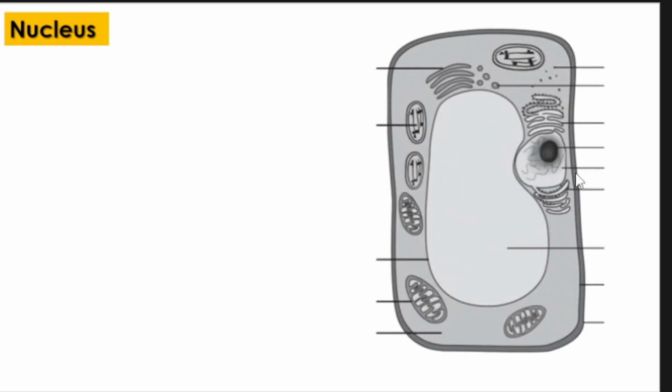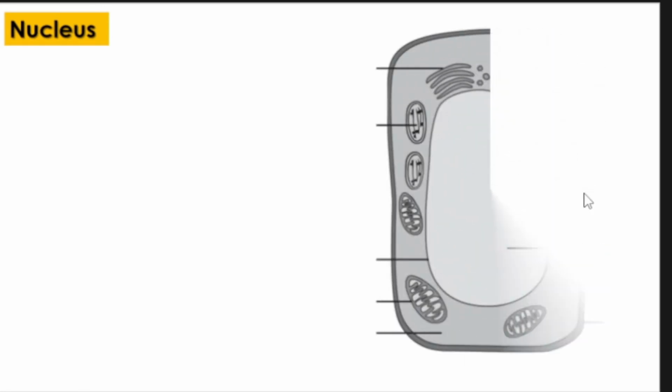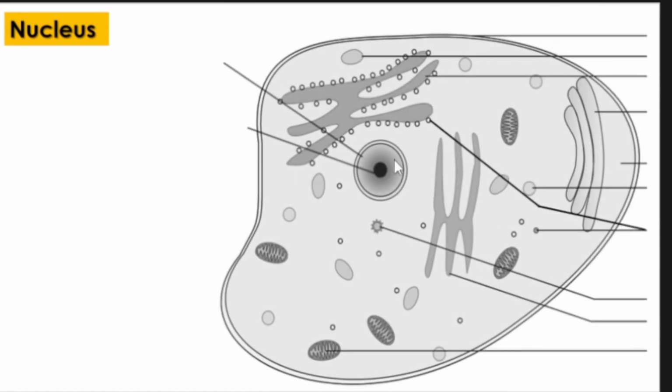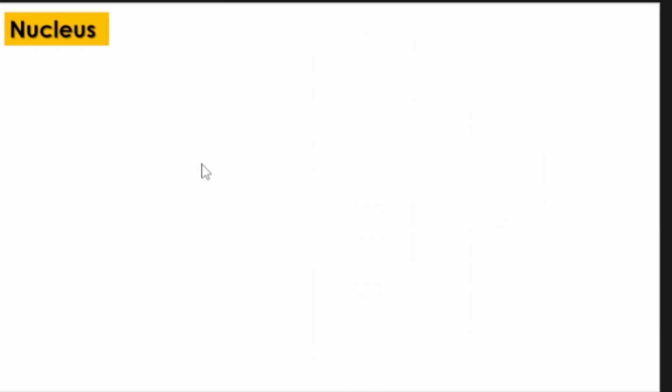All right, next we are going to look at the nucleus. The nucleus in a plant cell is this part here, and in an animal cell it is this part represented by this arrow. The nucleus is an organelle surrounded by an envelope called the nuclear envelope.